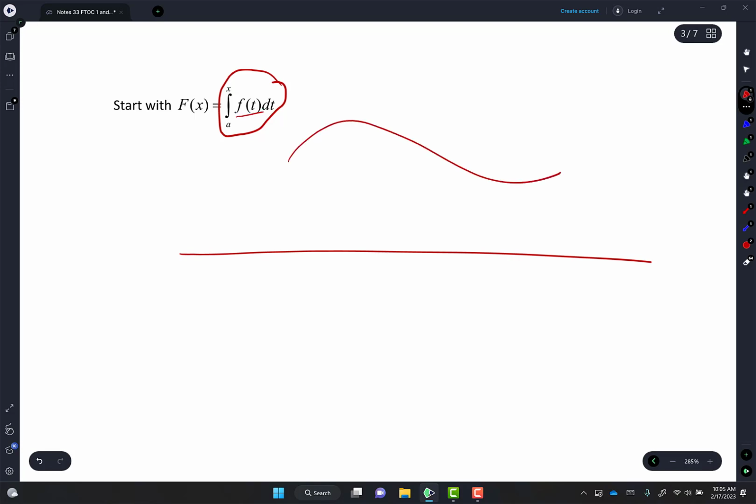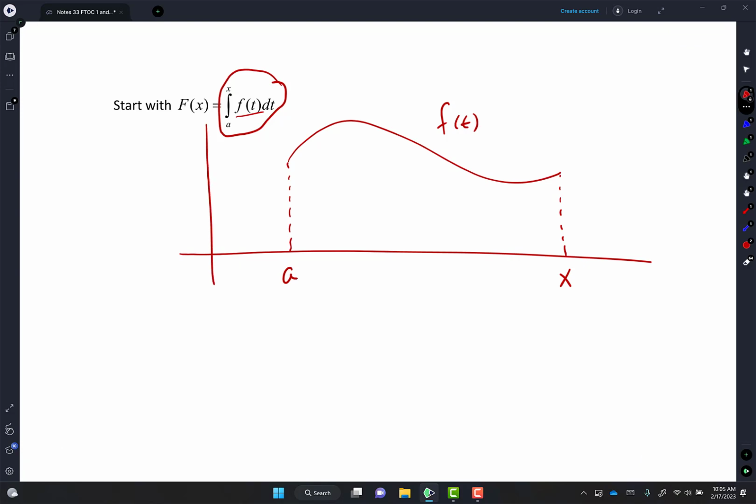Since they're in the t domain, we can call it f of t. I'm going to say this is a, and this is x. And I'm going to put the y-axis right here. That's fine. That's a y-axis.